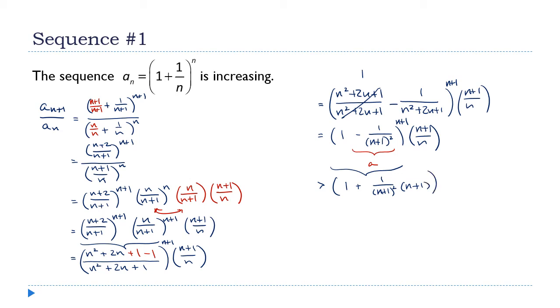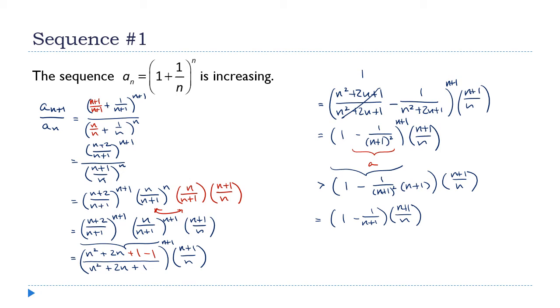This should still be a minus here. And we still have (n plus 1) over n on the outside. Now, look at what happens here. We get some canceling inside the parentheses. This is 1 minus 1 over (n plus 1), times (n plus 1) over n.